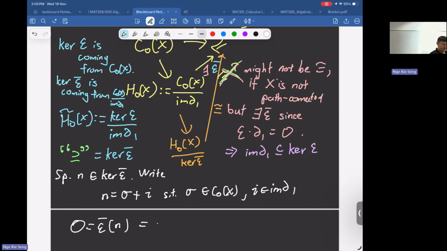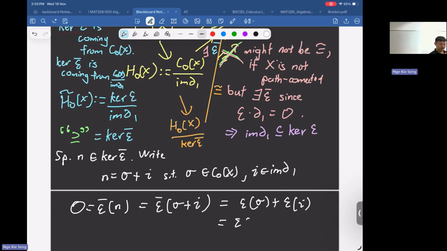And on the other side, epsilon bar on this sigma plus I: what is the definition of this? It is actually equal to epsilon sigma plus epsilon I. But epsilon I is 0. So epsilon sigma has to be 0 as well.